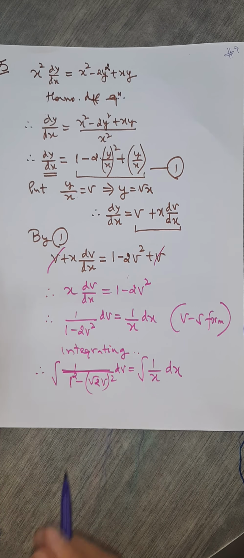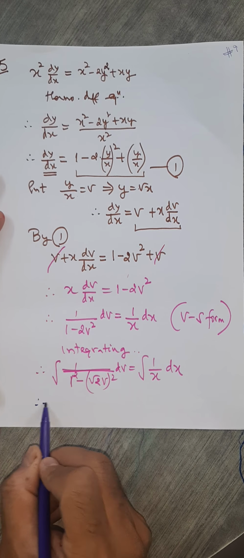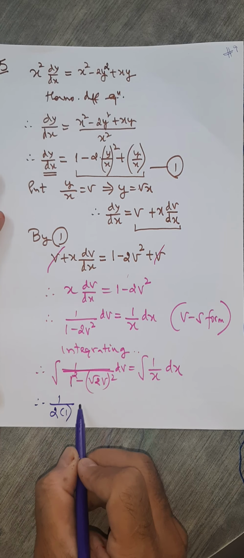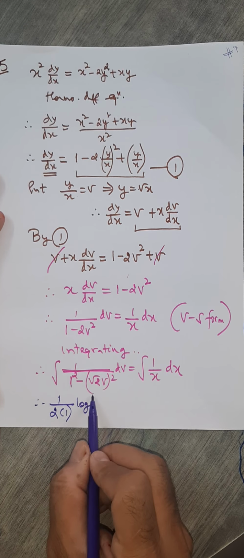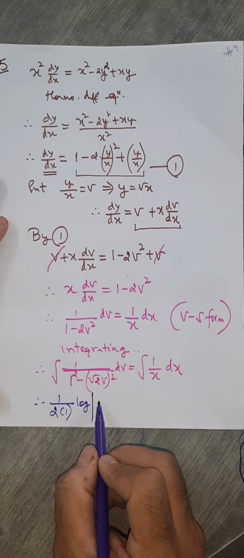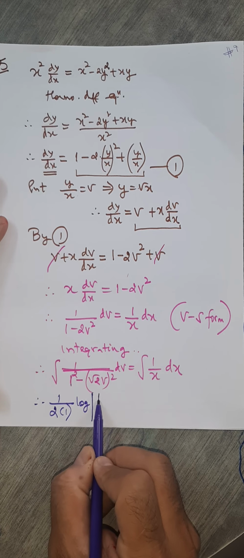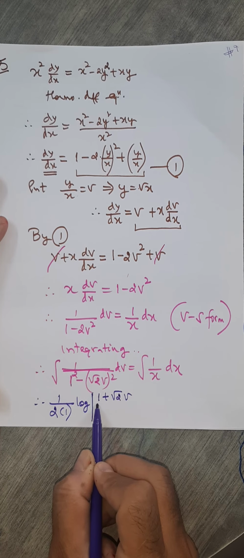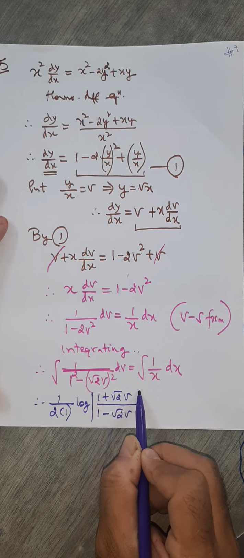Now you know this is a² − x², so it is 1/(2a). a is 1 here, log of mod of (a + x)/(a − x), that is (1 + √2 v)/(1 − √2 v).